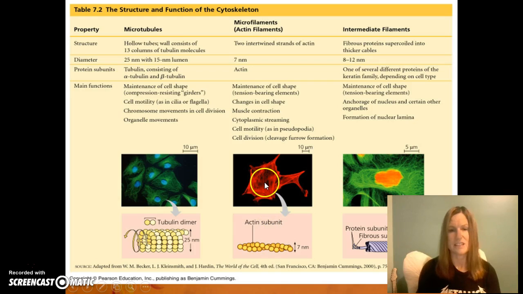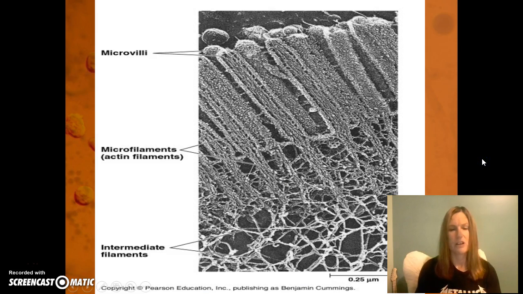And we can see this is the dyed image of all the microfilaments in a cell. I'm sorry, I just said microtubules, microfilaments. So the microfilaments here you can see on this TEM are within the microvilli.